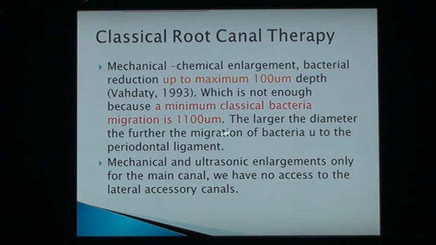So here we have to understand well: bacterial migration inside dentinal tubules will be up to 1100, while our methods, the chemical and mechanical enlargement, achieve bacterial reduction only up to a maximum of 100 micrometer. Still we have 1000 micrometer that we cannot reach by the conventional method.